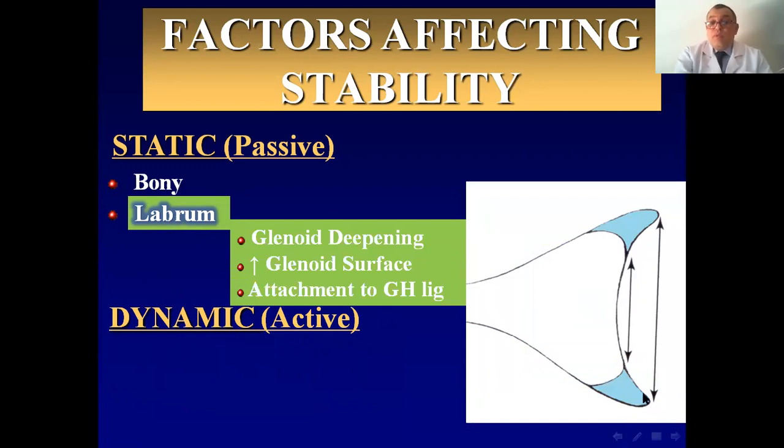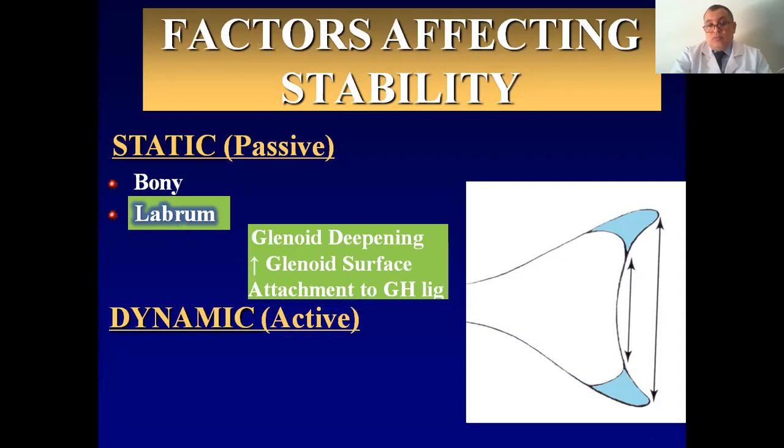In cadaveric studies, when we remove the labrum, the glenoid loses 6 millimeters of its depth. Second, the labrum increases the glenoid surface. Thirdly, and most importantly, it gives attachment to the glenohumeral ligaments, which are the main static stabilizers of the shoulder.